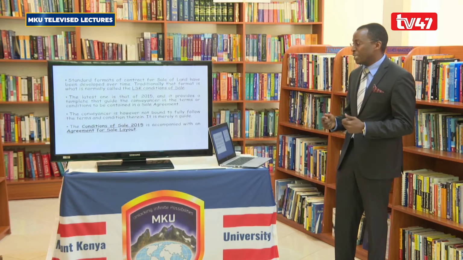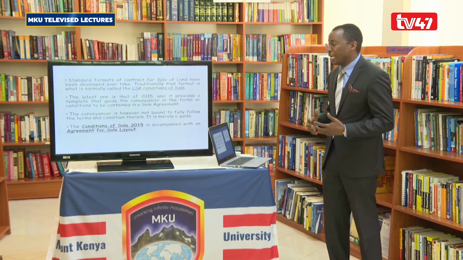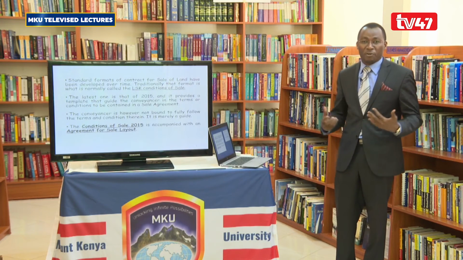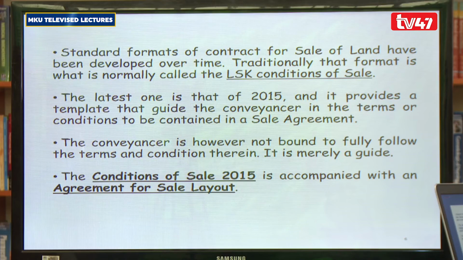They do not bind the conveyancer, but they are an important guide. And even in the worst of the scenarios, it is possible that the conveyancer can actually just reproduce the LSK conditions of sale as they are.